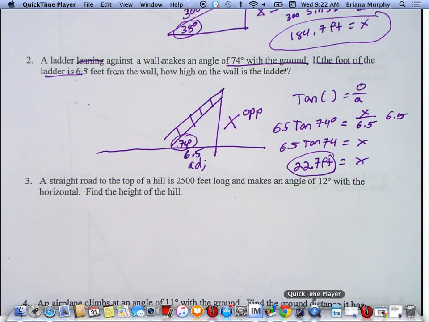What's left? 12 degrees is between the road and the horizontal. That's perfect. And then you want to find the height of the hill.